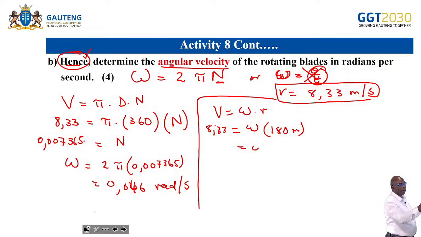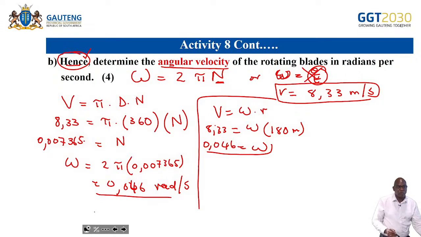Then I can just divide 8.33 by 180. And then I'll have the same answer, which is 0.046 radians per second. So I'll have the same answer if I do it like that.